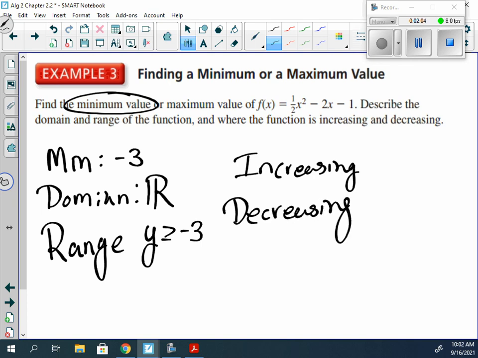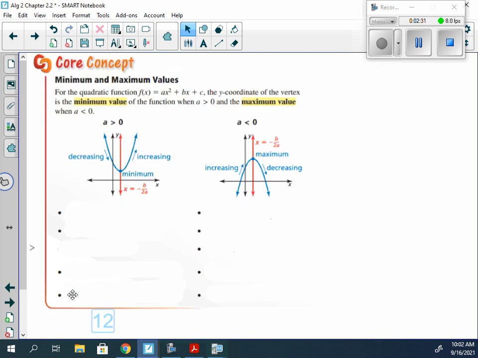is where we stopped, I believe. I think we wrote it down. I might have been talking about it right as the bell was ringing. So decreasing was our negative infinity comma blank. Increasing is going to be what we'll also see.